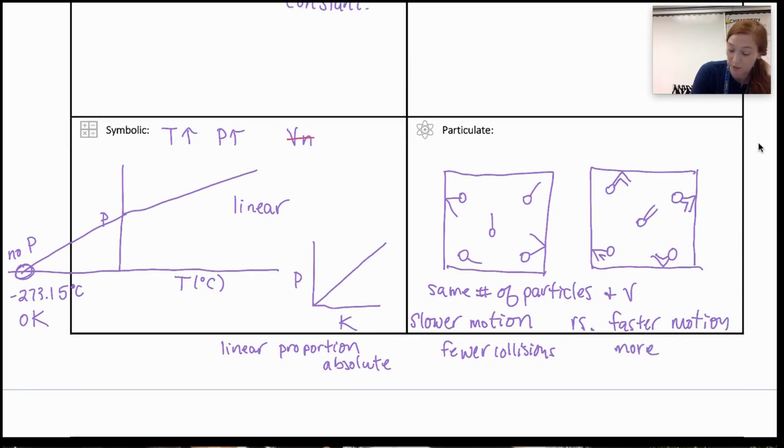That's why we have an increase in pressure. Okay, so that's going to take care of our pressure relationships where pressure is the dependent variable.